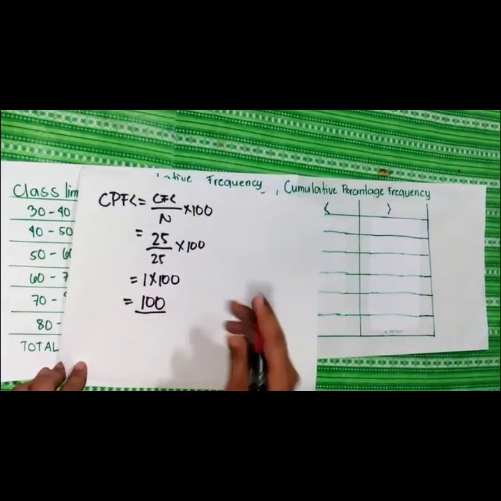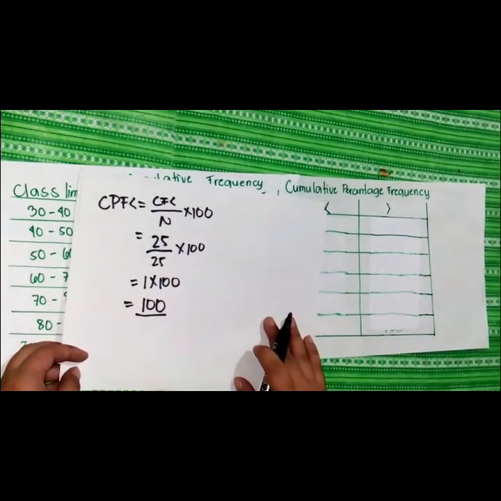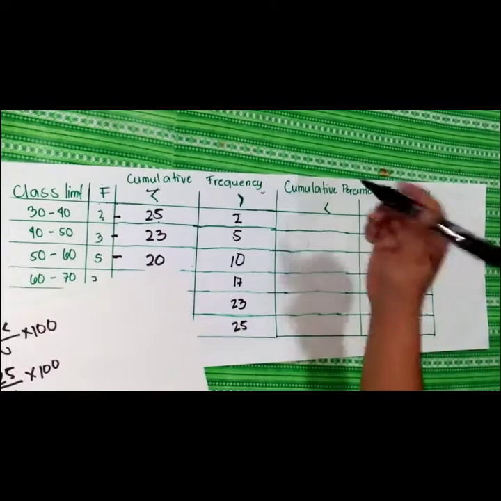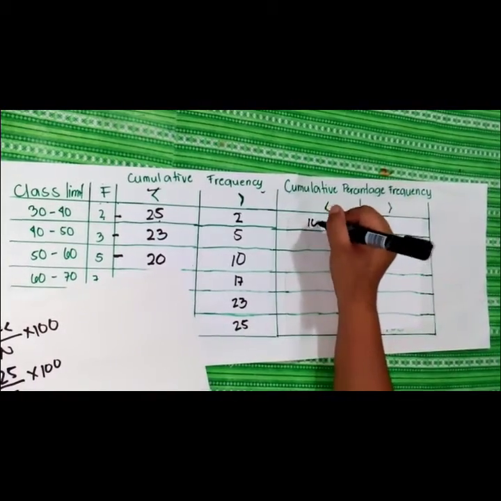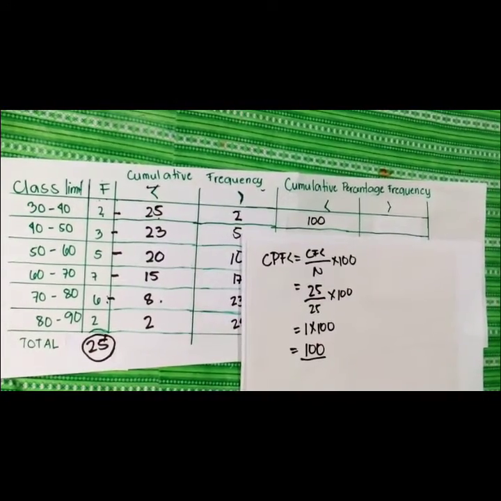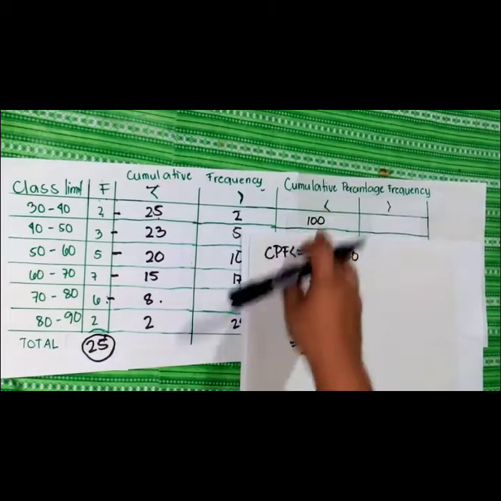And that is how to solve the cumulative percentage frequency lesser than. So we put 100 here.